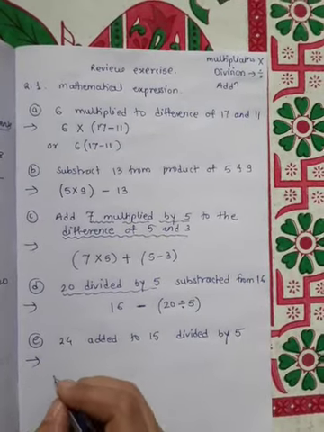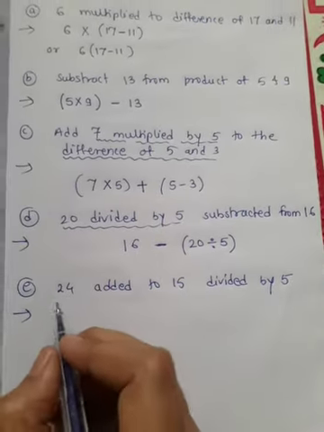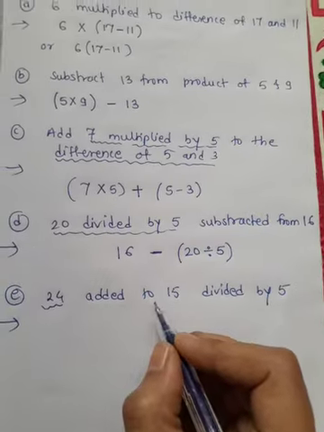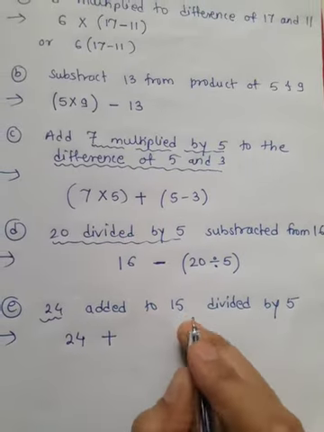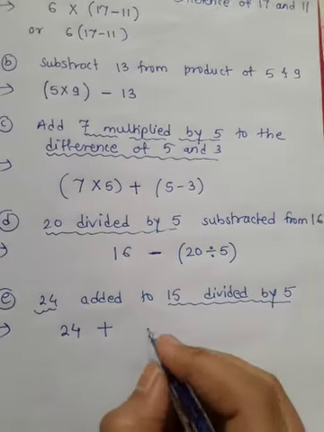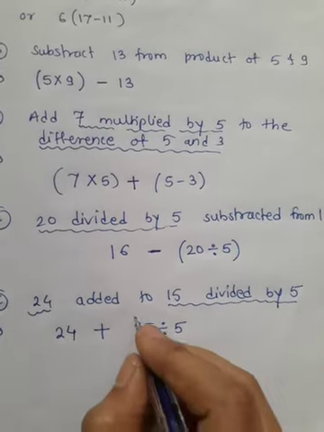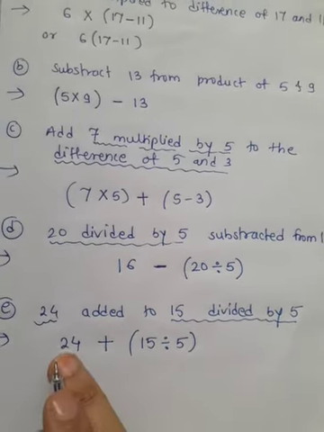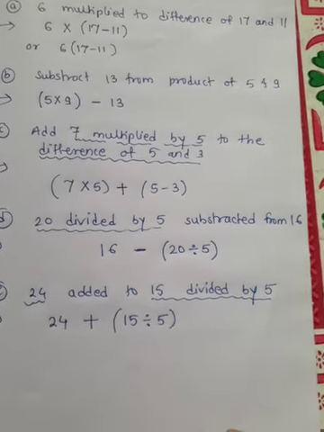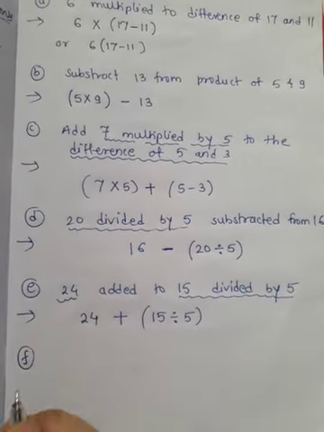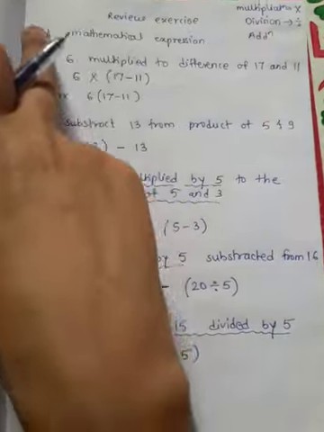This is a simple expression. 24 is added to, so it means plus, which term? 15 divided by 5. 24 is added to this whole term, so we put a bracket for this term: 24 added to 15 divided by 5. Now you can solve example number F. Try this. Question number 1 is completed.